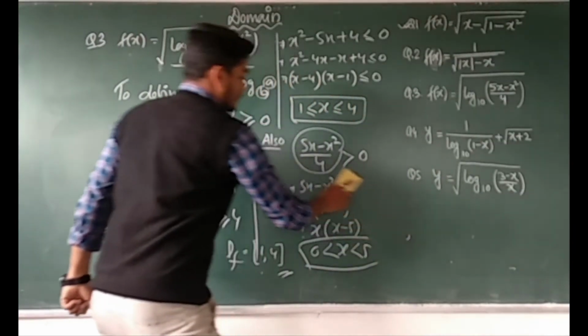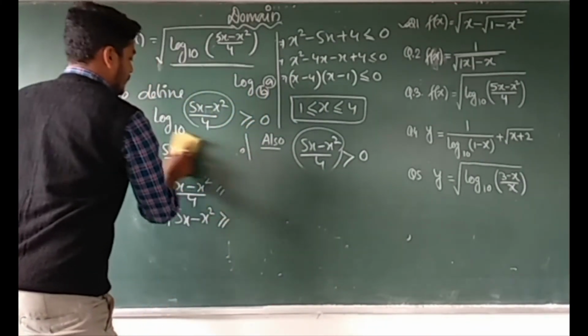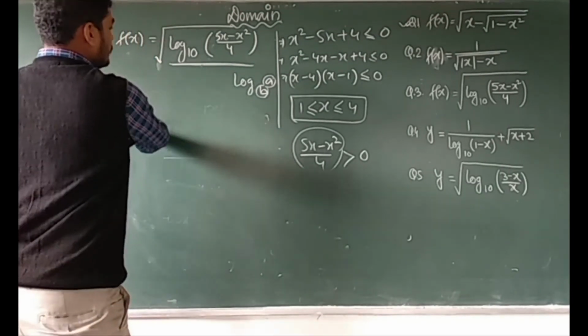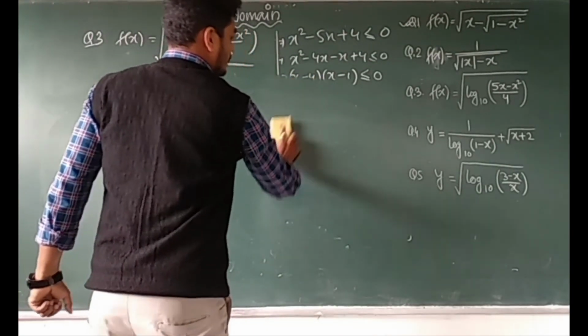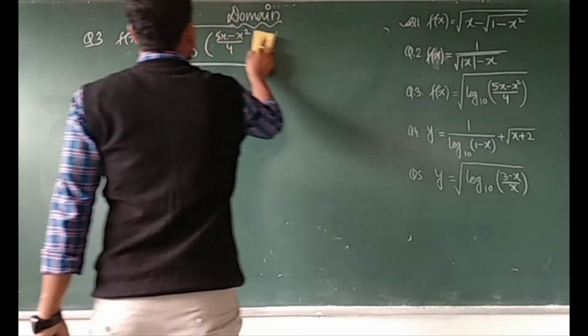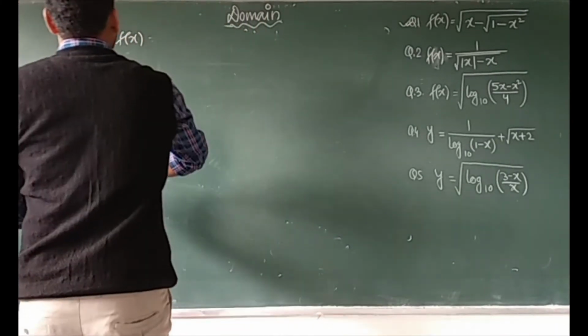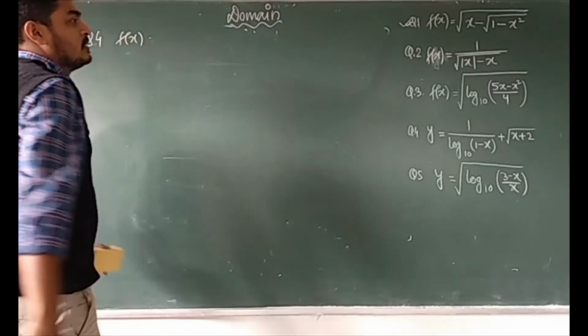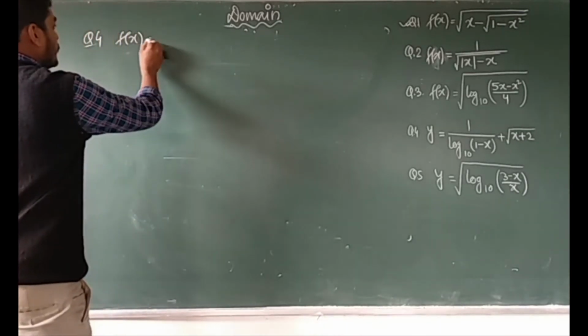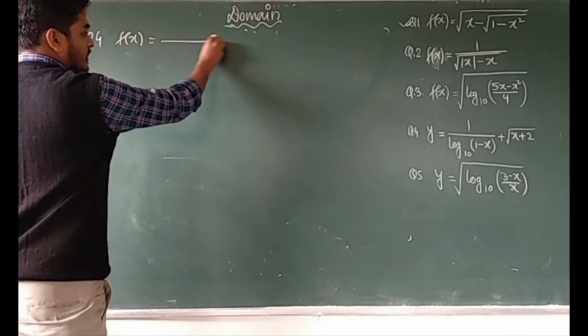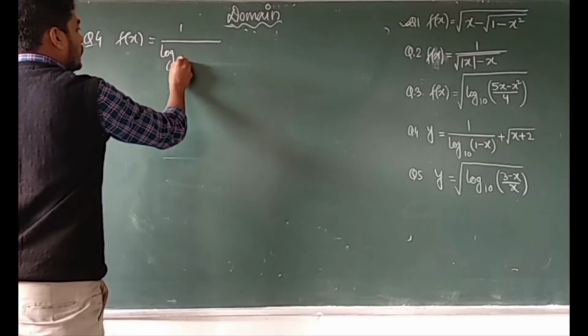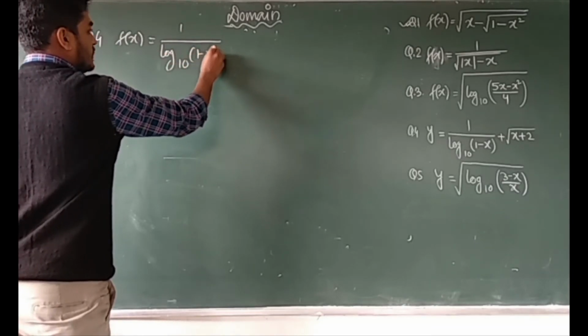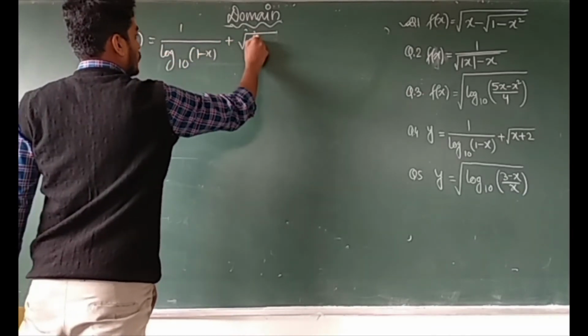So let us try to find the domain of the other question. Question number 4 is the same way. It is given that y equals 1 by log to base 10 of (1 minus x) plus the square root of (x plus 2).